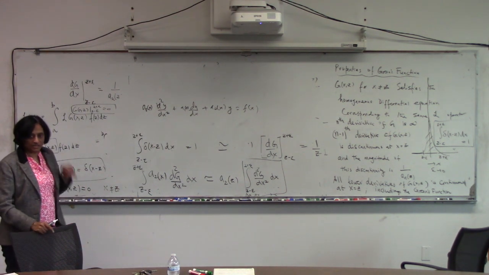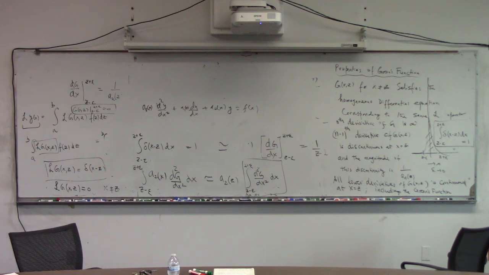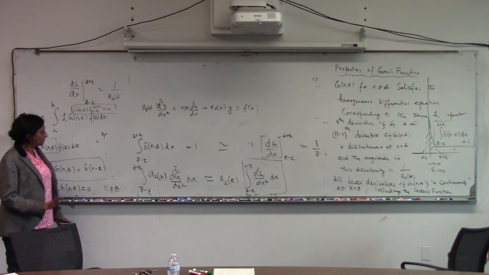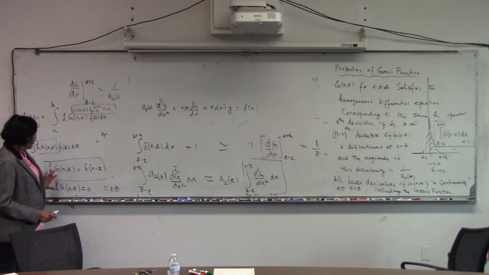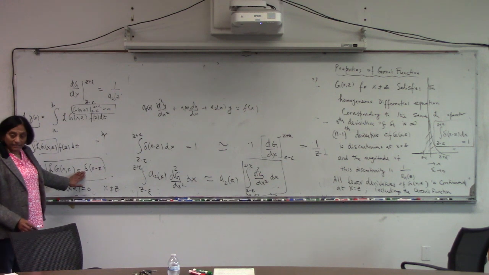Okay, that is it. Sir, I have a question. A2(z), which means when x equals z, but the delta function means a2(z) when x equals z, that will go to 0. No, we are... So the gradient of the Green's function will be 1 over 0. No, I don't understand what you're saying. We are integrating this. This is what I'm saying.